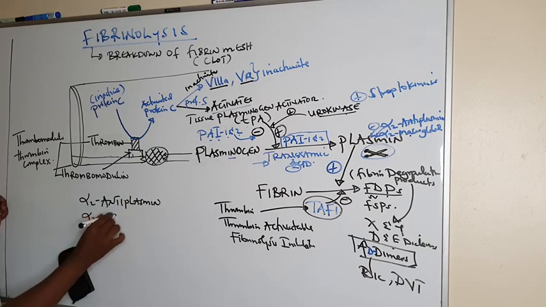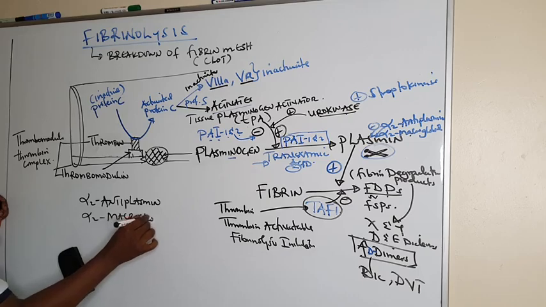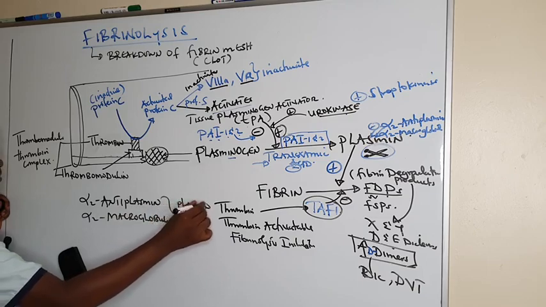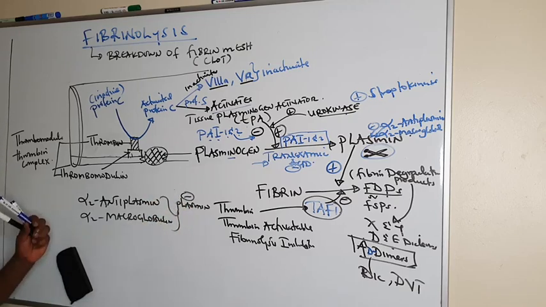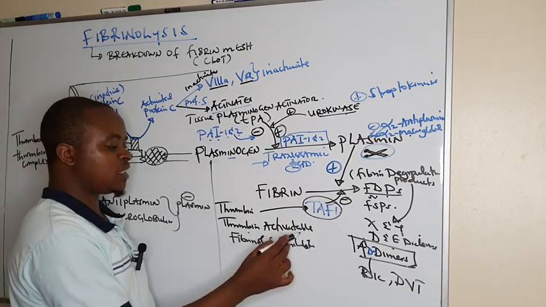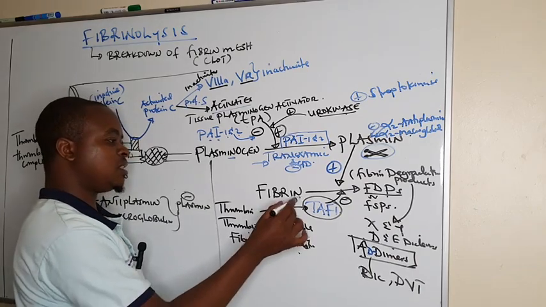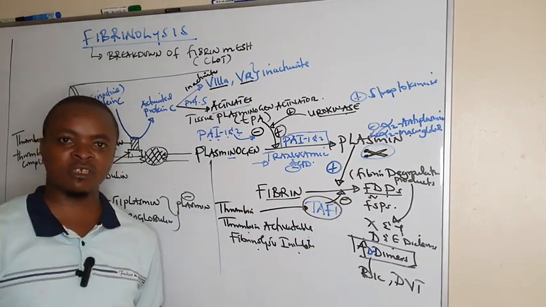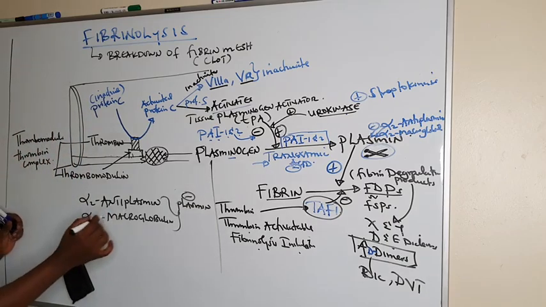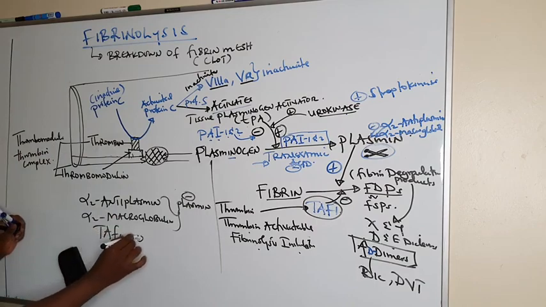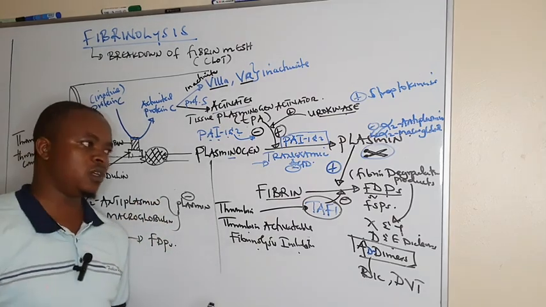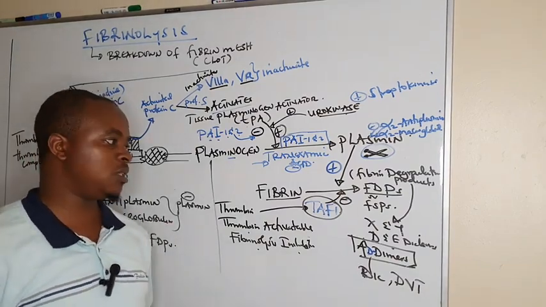These inhibit plasmin. Then we have also seen TAFI, thrombin activatable fibrinolysis inhibitor, inhibiting the conversion of fibrin to fibrin degradation products. Those are the inhibitors.